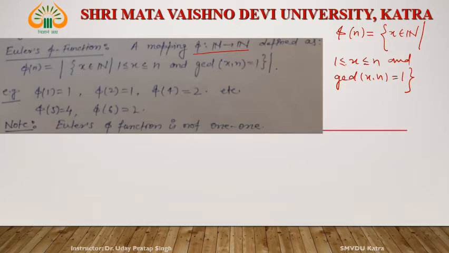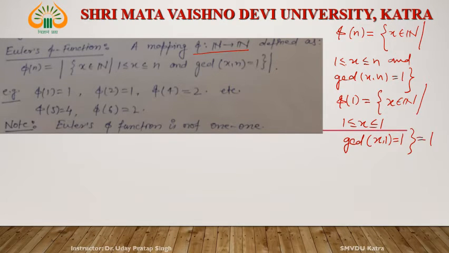See, what is phi 1? Phi 1 is equal to all those natural numbers x in capital N such that 1 is less than or equal to x, x is less than or equal to 1, and GCD of x and 1 is equal to 1. What is that? This is 1. Phi 1 is equal to 1, the modulus of this set is 1.